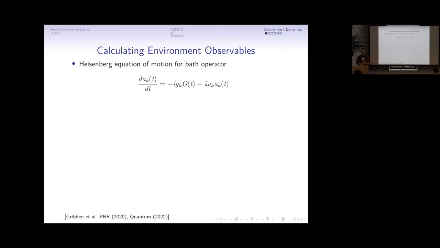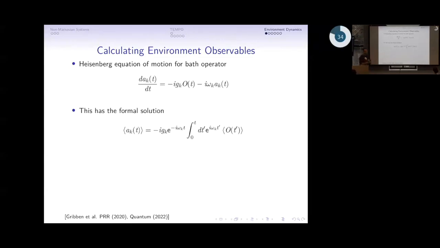So if I think about the Heisenberg equation for one of these bath coordinates, one of these a_k operators of the environment, then in an interaction picture where I've got rid of the system Hamiltonian, that Heisenberg equation just has terms which relate to the coupling operator which comes with the system-environment coupling and the free evolution of this thing under the bath Hamiltonian.